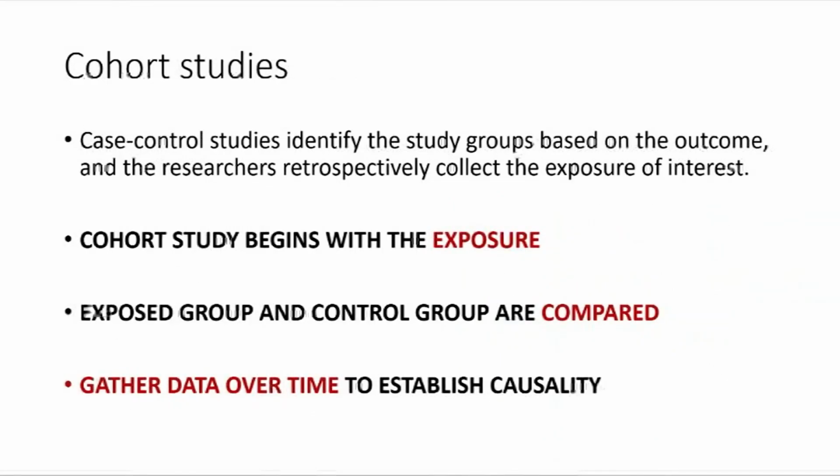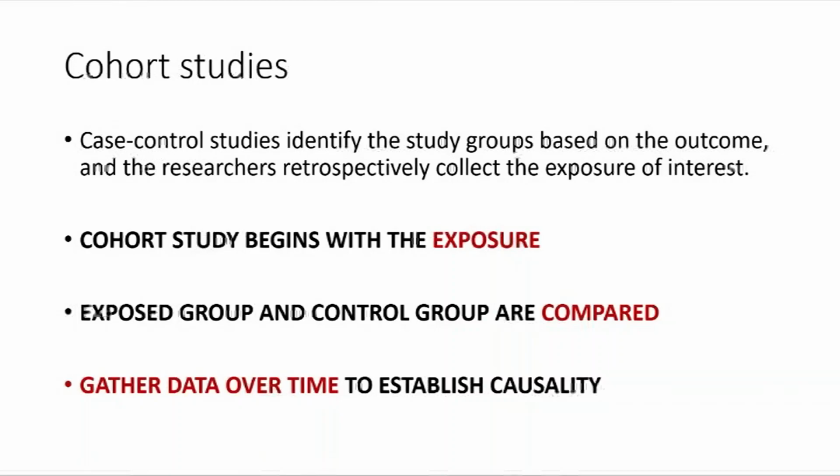Now, in cohort study, the information here is almost the exact opposite of case control. Case control, you are starting with case and you are going back in time to look for what? Exposure. In cohort studies, you are starting with exposure. You have your exposed group, you have your control group, then you follow them into the future.